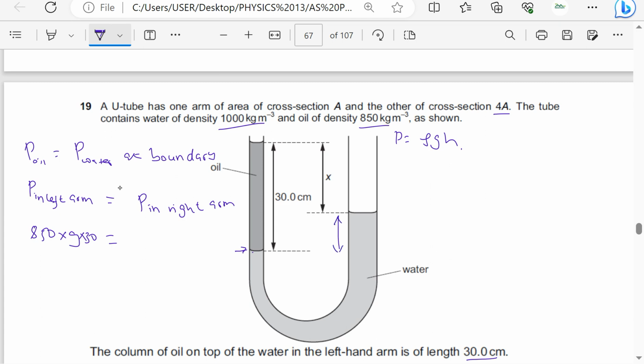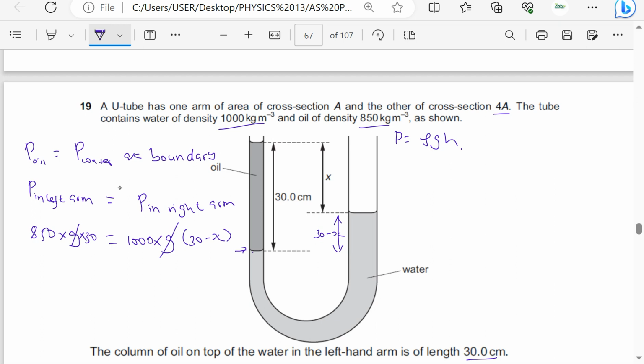For equilibrium, pressure is equal, this is 30 minus x. So that side is equal to 1000 for water, times G, times that height, which is 30 minus x.